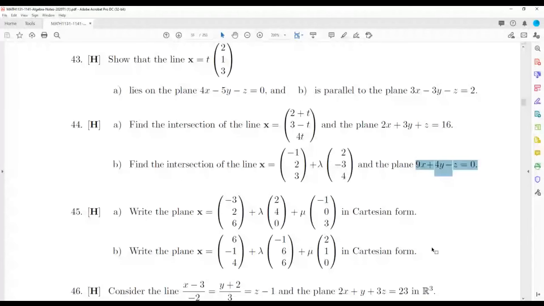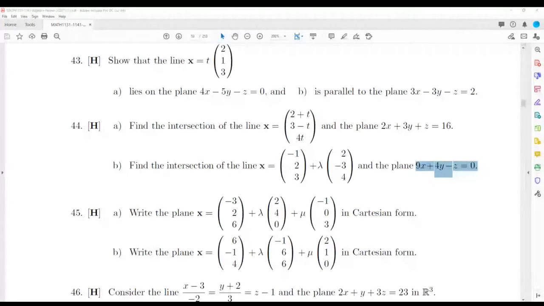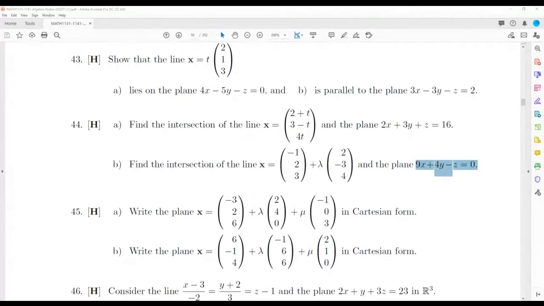Okay, so have a look at that question and my question too. I'm just typing this in now.